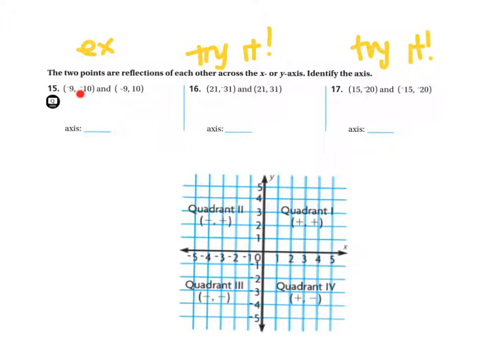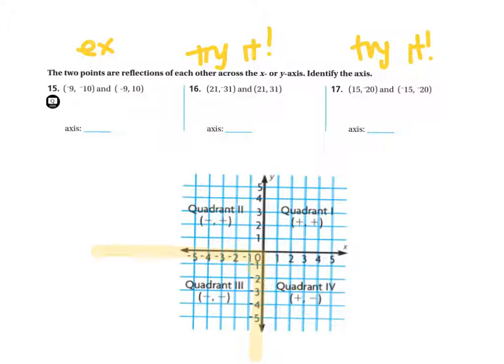So -9 and -10, I'm going to say, well, what quadrant is -9 and -10? This one's the example problem. -9 would be going this direction. -10 would go here. So point A, my first point, would be in quadrant 4.